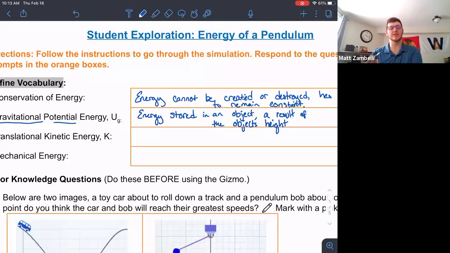What about our translational kinetic energy, or our K, our kinetic energy?